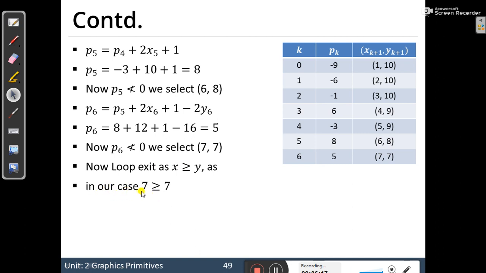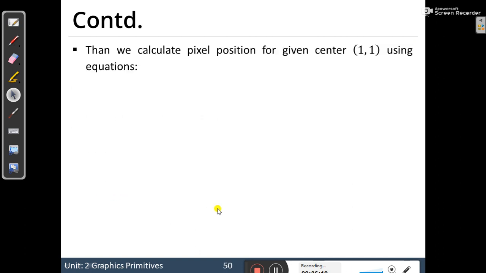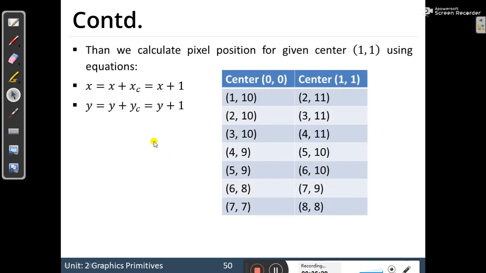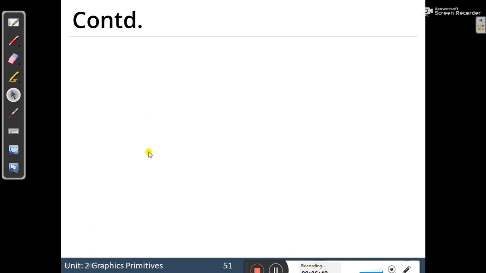In our case 7 is equal to 7. Then we will calculate the pixel position for the given center using the equation. So we will just add the values of x plus xc. So we will increment at every point for center (1, 1) with every value from (0, 0) that we have found out recently.